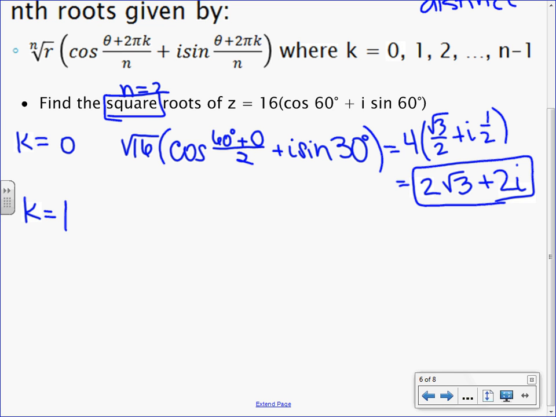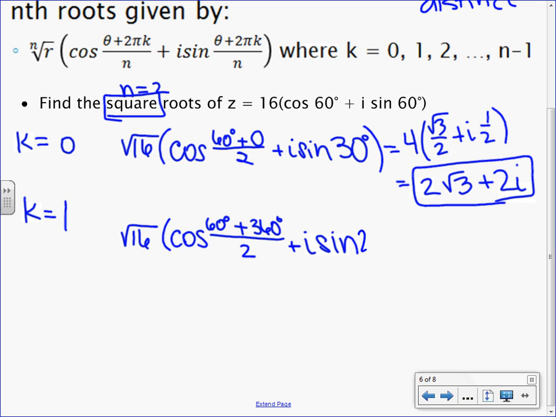When k is 1, we have the square root of 16 still. But now we have the cosine of 60 degrees plus 360 times 1. Sine has the exact same angle, so let's save some pencil lead. What is 60 plus 360 divided by 2? The square root of 16 is 4.